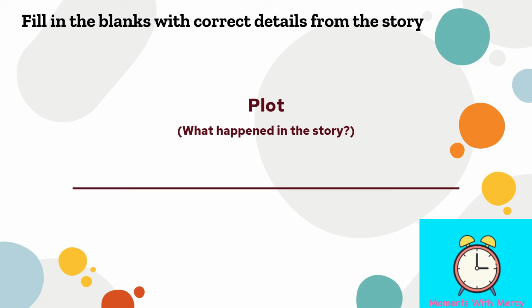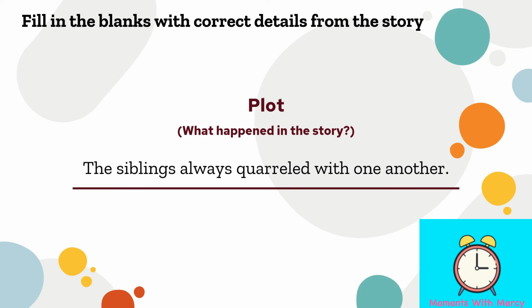What happened in the story? Type now your answer. The answer is, the siblings always quarreled with one another. If your answer is similar with this, very good.